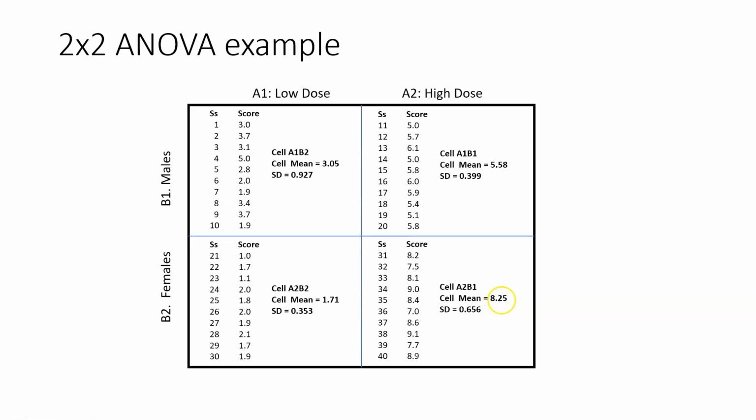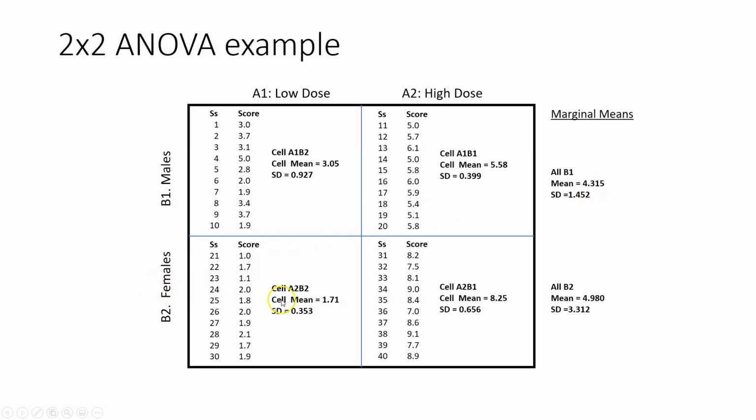Now, I mentioned yesterday, or in the previous lecture, that we call differences between different levels of an independent variable a main effect. If we run a statistic and we find that there are, in fact, differences, we call that a main effect. So we could say that if we're going to compare, for instance, the males versus the females, ignoring their dosage, we would average over here all the males, regardless of the dosage they're taking, and we would see that the males have an average of 4.3.